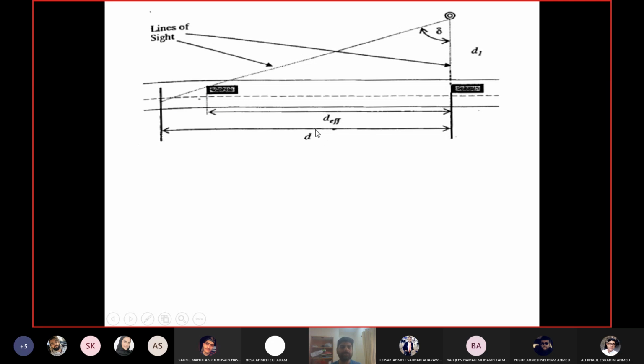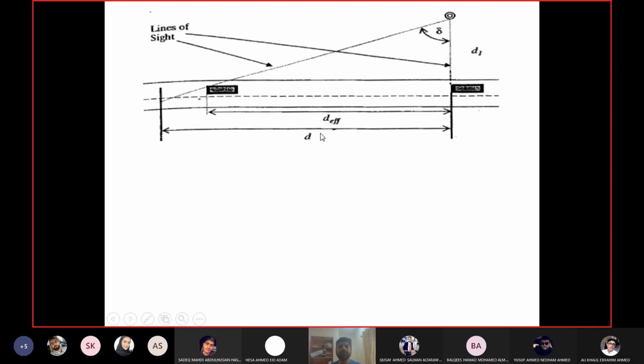So the car did not actually cross the complete distance D. 400 feet is not crossed yet. The car has only crossed D effective. So I want to find out D effective, and then find the speed using D effective, not D, because D effective is the actual distance covered by the car.